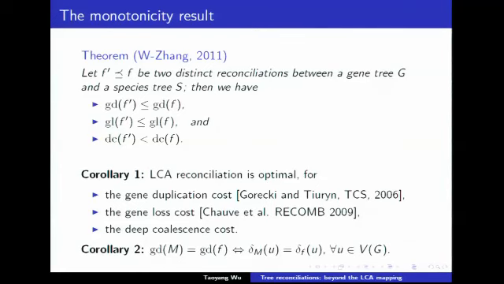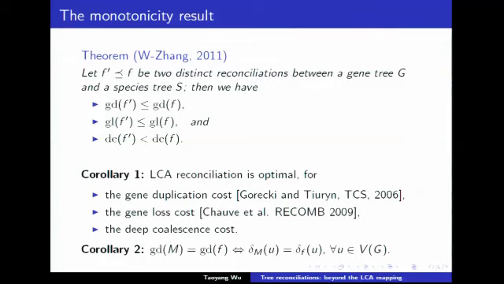When I say optimal, it means the minimum cost, for all these three costs: the gene duplication cost, gene loss cost, and deep coalescence cost. These are some different approaches to establish this result.